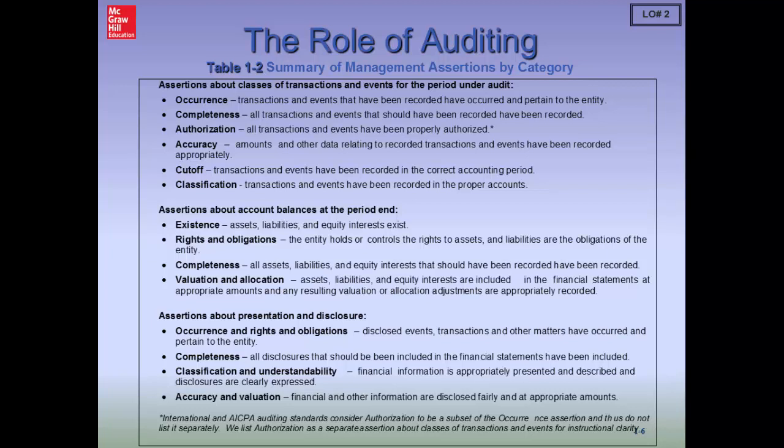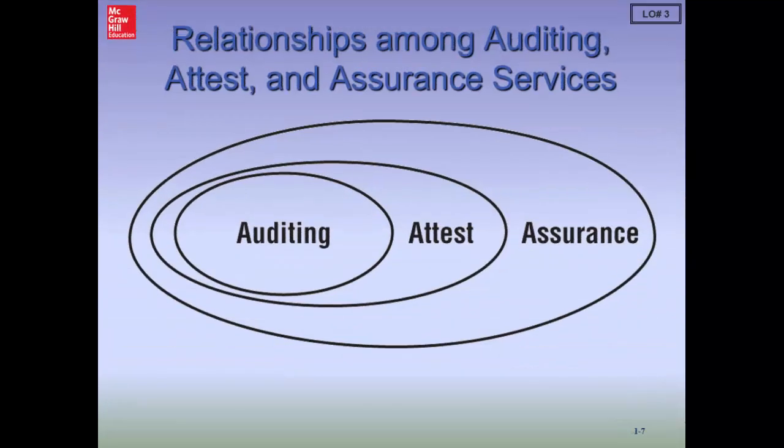Assertions are implied or explicit statements embedded in the financial statements related to transactions, related to account balances, and related to presentation and disclosure. Again, we're going to spend a tremendous amount of time talking about this because frankly, this is the basis of the audit.